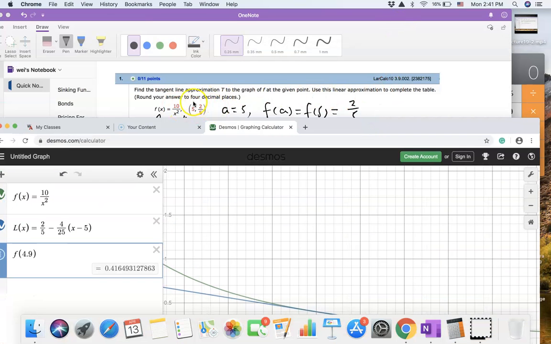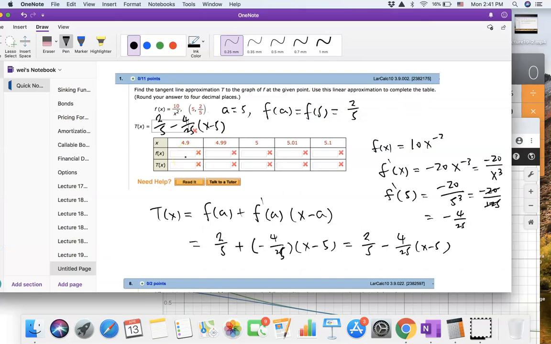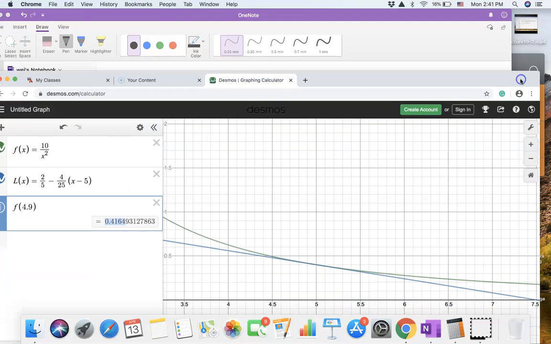Because we are asked to round to 4 decimal places, so it's 0.4164. Sorry. This is the real value. The estimate value is 0.416.